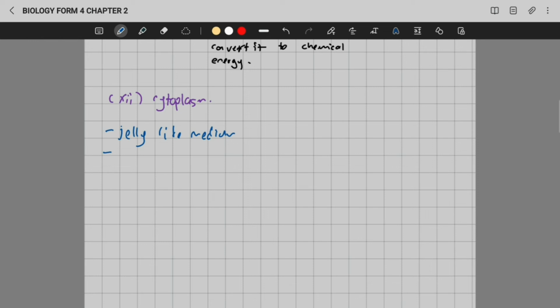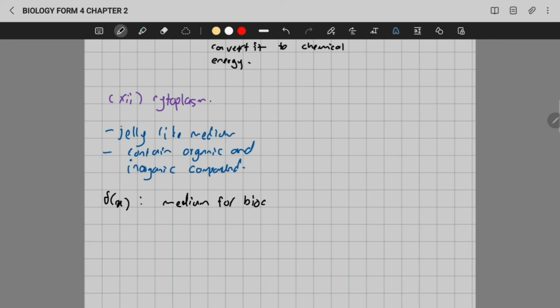They contain organic and inorganic compound. And as I said before, the function of the cytoplasm is acting as medium for biochemical reaction to happen in the cell.